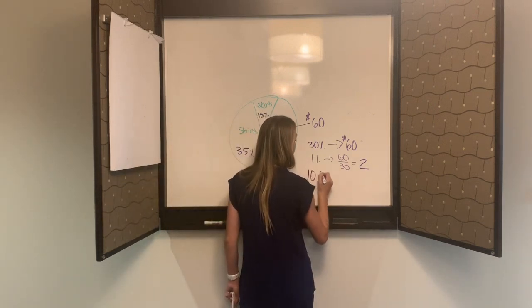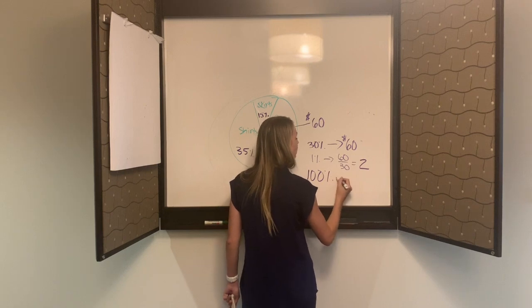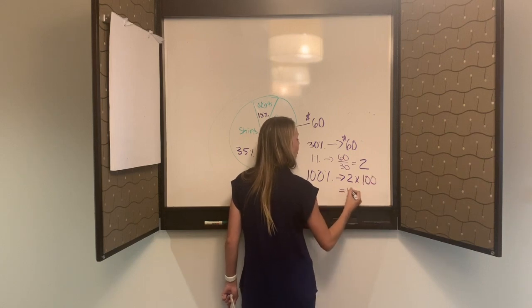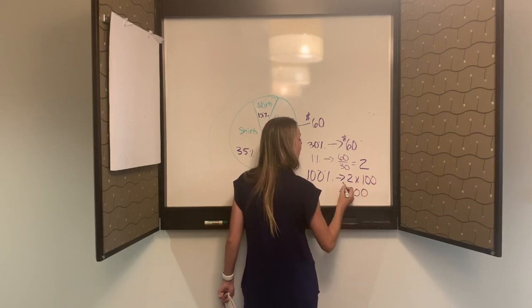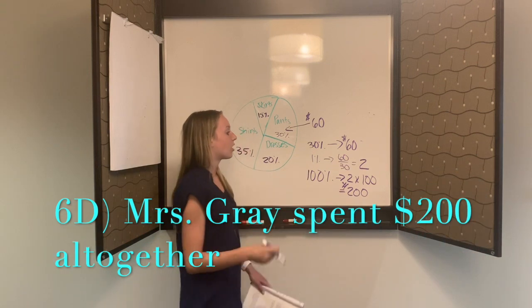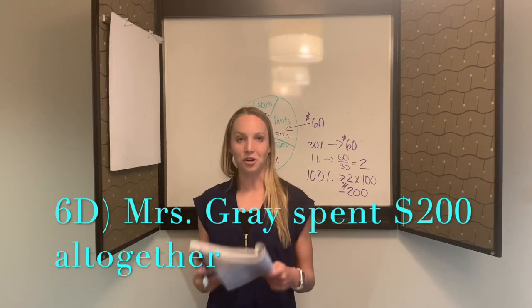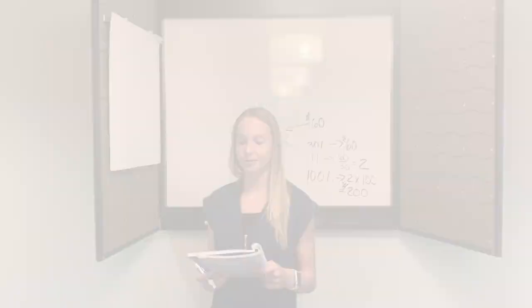So I would do 100%. And now I'm just timesing 2 times 100. And you get $200. So now we know $200 was the total amount of money Mrs. Gray spent all together for all of these things.